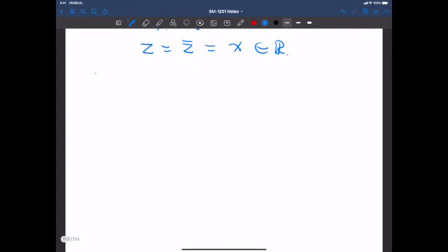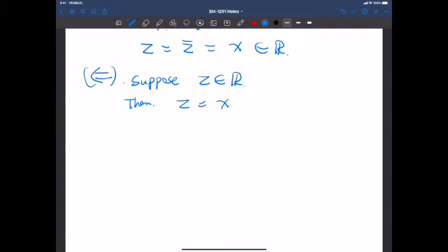Then we prove the other direction. So suppose z is a real number. Then z can be expressed as x plus i times 0, right?